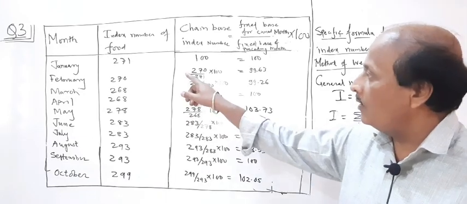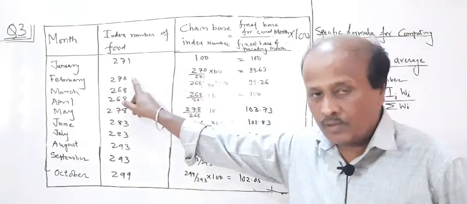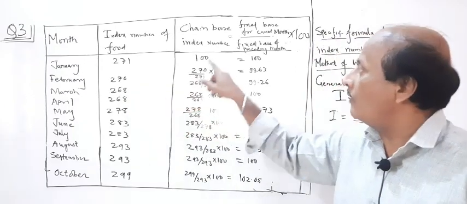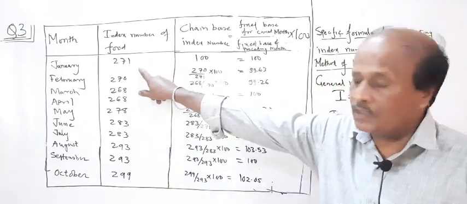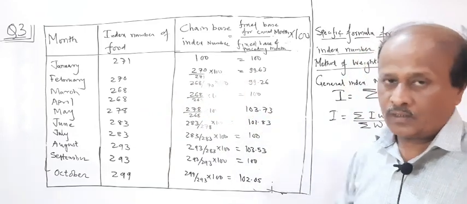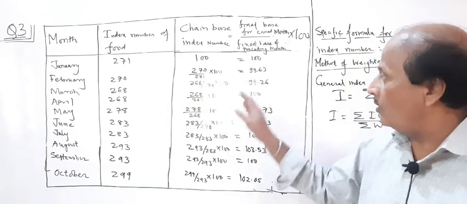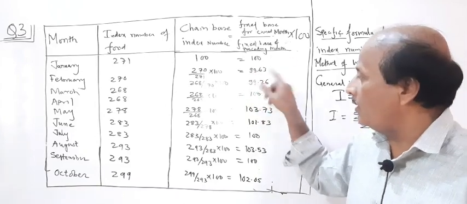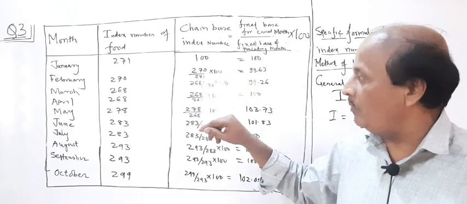For the second one, the current value for the given month is 270 divided by 271, the previous month, multiplied by 100, and calculate yourself with the help of a calculator. Don't look at my calculation, use that calculator. So 99.63 according to me.